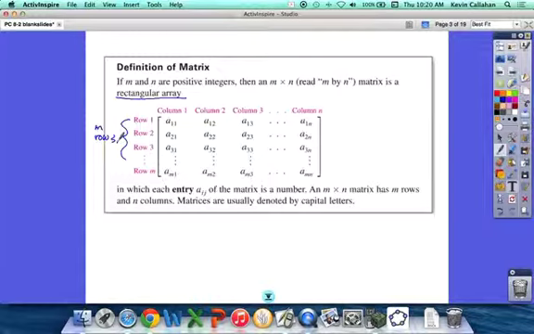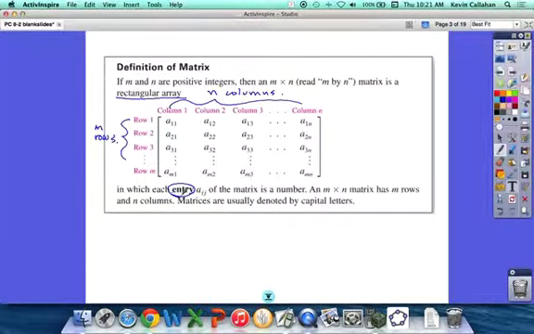We're not dealing with an indefinite number of rows and columns. So there will be M times N numbers inside the matrix. Those are called entries. Each one is called an entry.